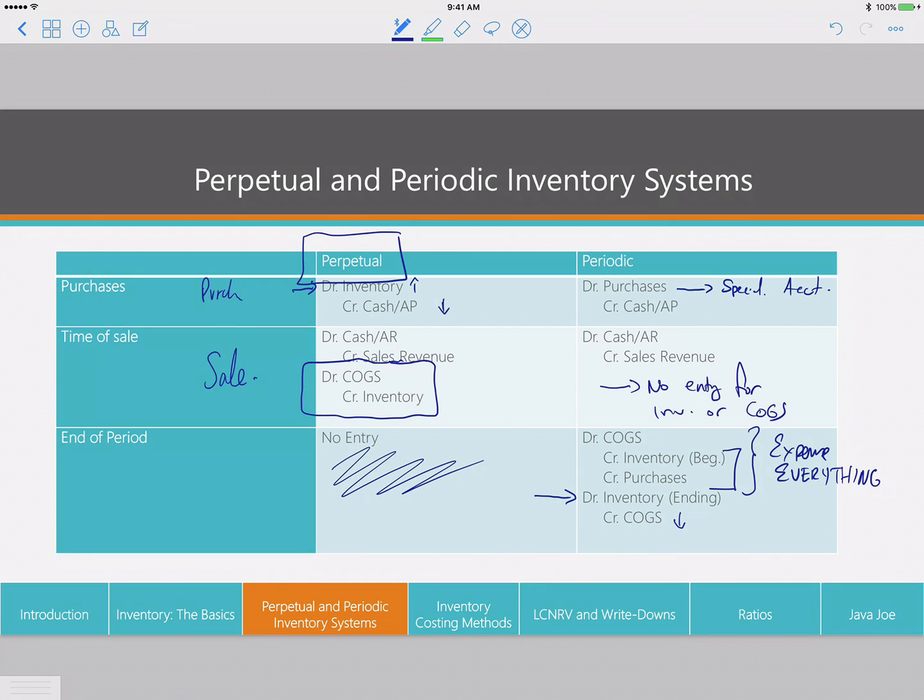I recommend you maybe rewatch this section just to understand the differences in the entries. Just remember, under perpetual, you're keeping track of every single sale throughout the period. Under periodic, you're not keeping track of inventory at the time of each sale, rather you do it at the end of the period.